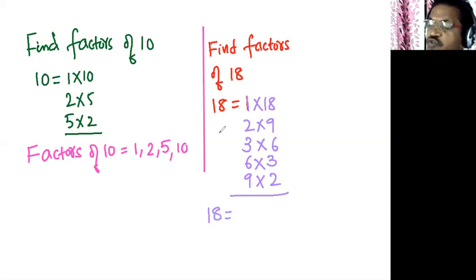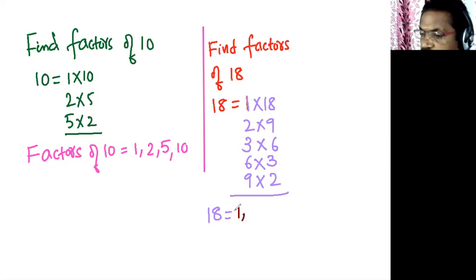This method is useful to find factors of any number up to 100. For numbers more than 100, three-digit numbers, there is another method. I will explain in the next lesson. Now let us write the factors of 18.